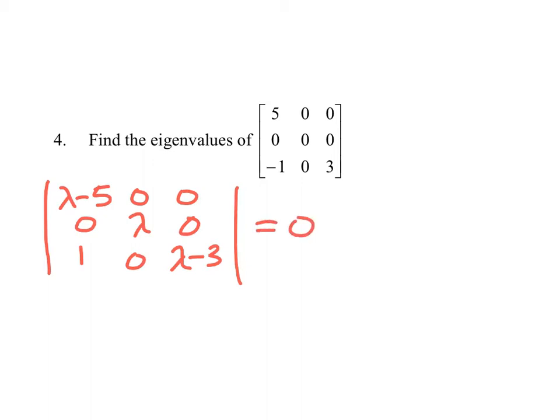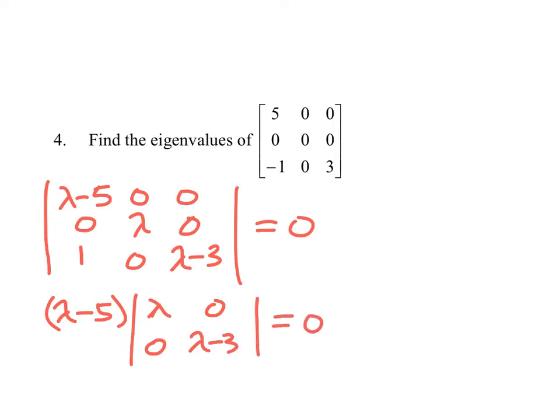But let's say I work through row 1. I would say lambda minus 5 multiplied by lambda, 0, 0, lambda minus 3. Which corresponds to lambda minus 5.